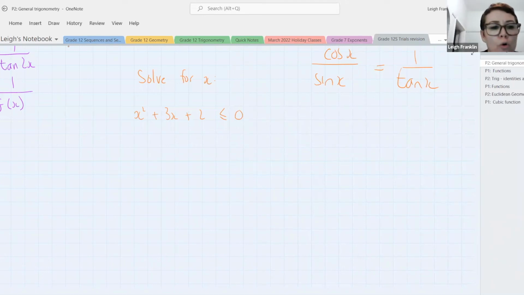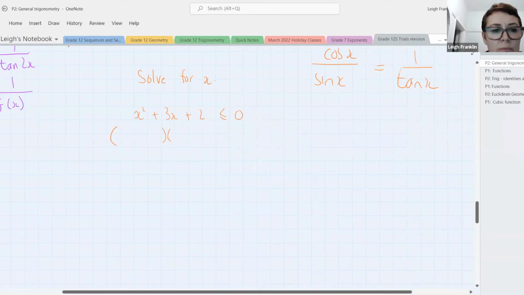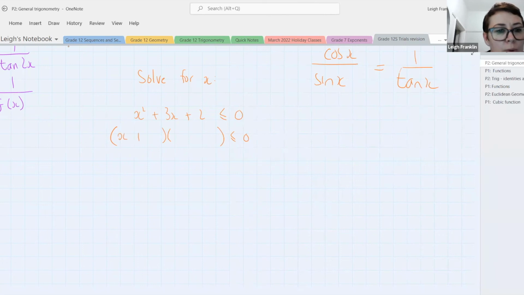Okay, so what do we do? We factorize it to get our critical values. So in one bracket, we would have x plus 2. In the other bracket, we would have x plus 1, wouldn't we? And we'd say, well, our critical values are going to be where x equals -1 or where x is equal to -2.